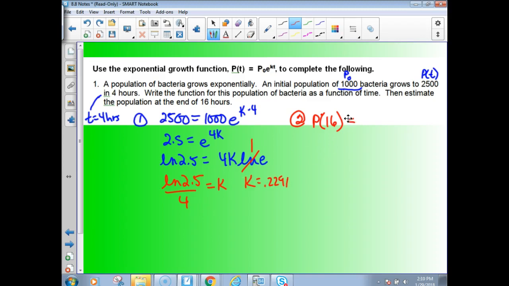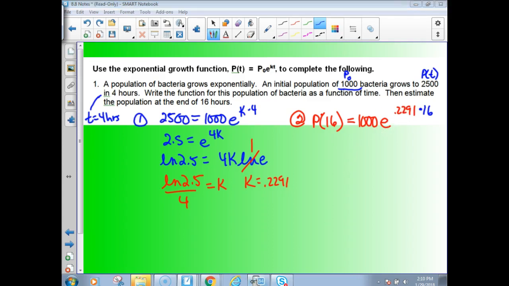So our equation is going to be, still the initial value, initial part was 1,000, times e to the 0.2291t, which you'll use an x if you were doing it on your calculator. What am I supposed to put in for t? 16, all right, sorry. So you're just going to get the answer right away by plugging this in, because this is all a number.